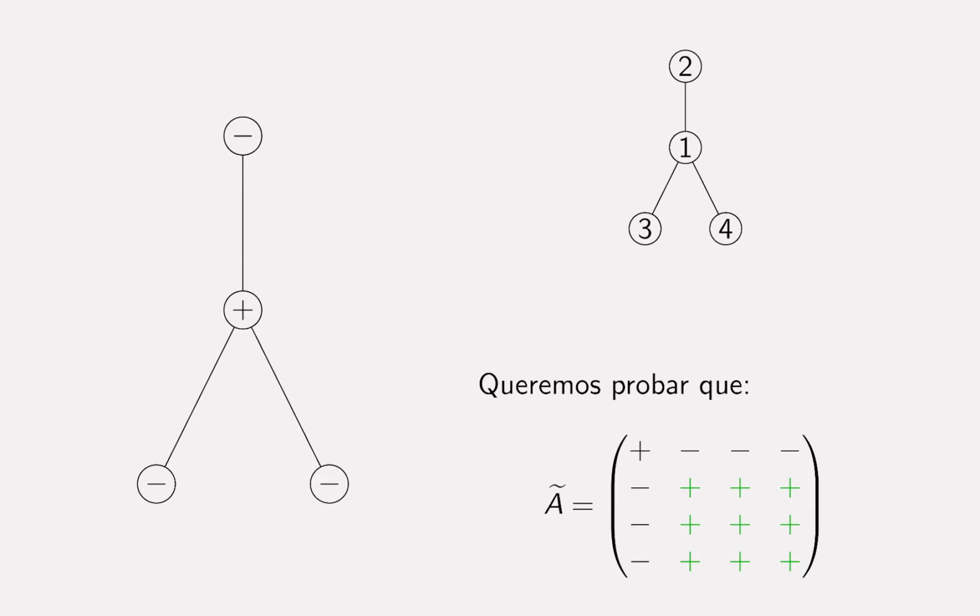But for example, I don't know what happens with the minor 2, 3, 4, right? Because 2, 3, 4 is not a path of this graph. All right. So we expect the sign pattern of the eigenvector associated with the minimum eigenvalue to be positive, negative, negative, negative, or negative, positive, positive, positive. This is what we expect.